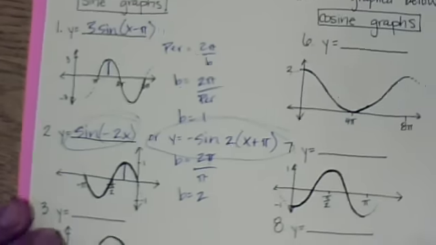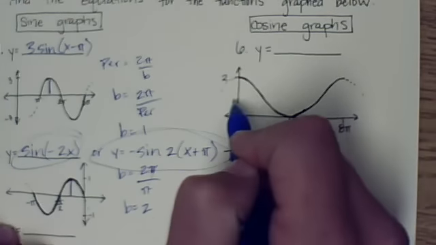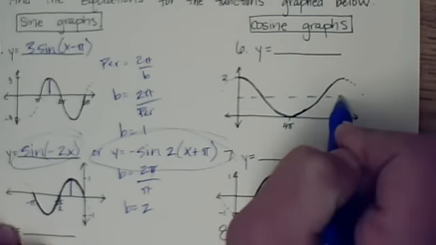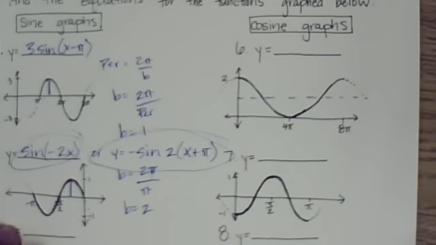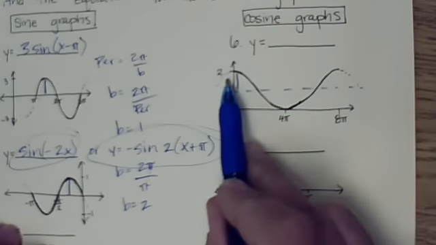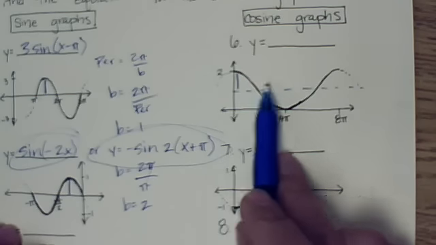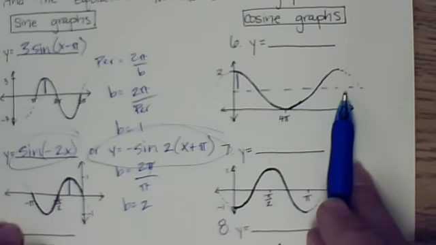Let's look at a cosine real quick. If I have a midline going through here at 1, I have an amplitude of 1. My period starts at 0 and goes to 8 pi.